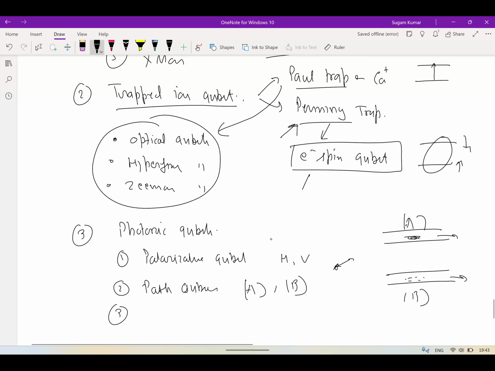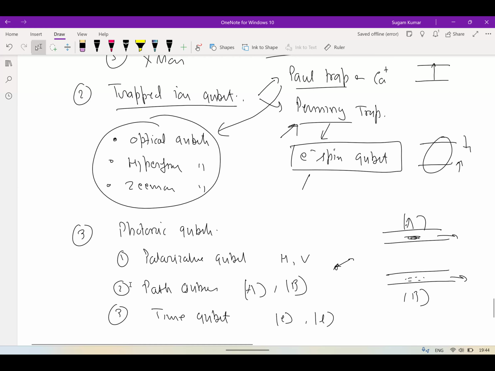Another possibility is the time qubit. In time qubits, you can encode quantum information in the time of arrival of the photon, so you can say early photon or late photon, and they can be used as the qubits.